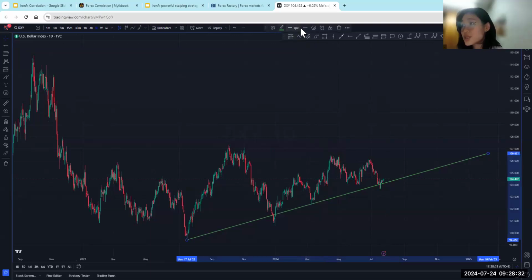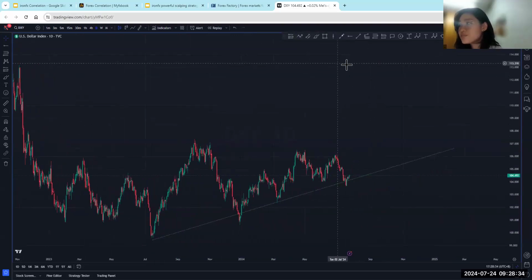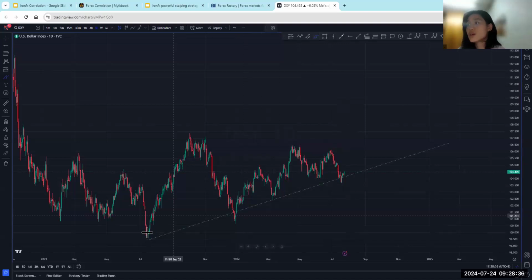So here we have prices moving in an ascending trend line. Just to recap, what makes a valid trend line is at least 3 touches on your trend line. So here we have 1, 2, 3. We actually have 4, in fact.